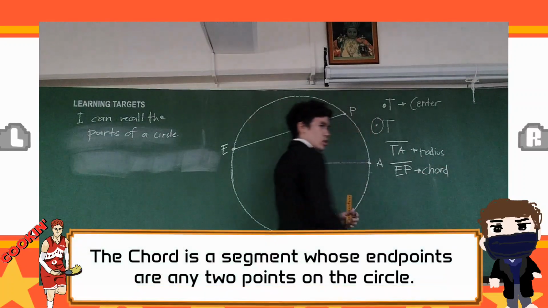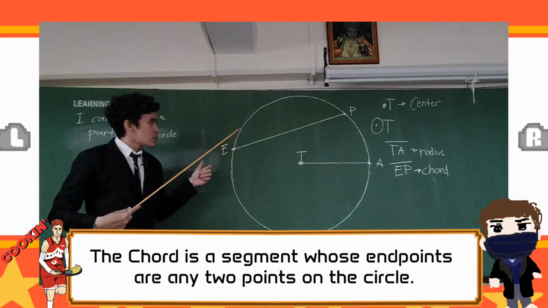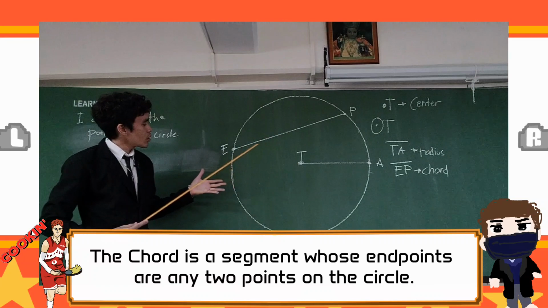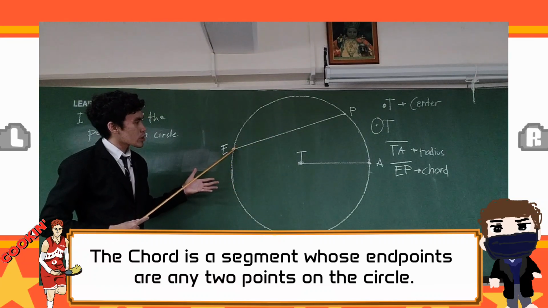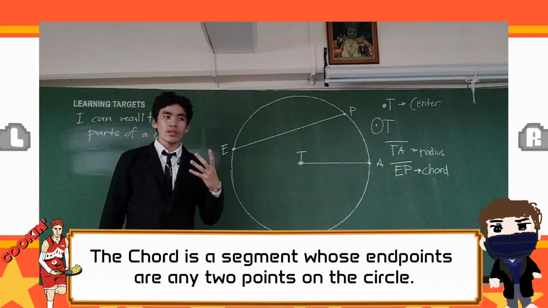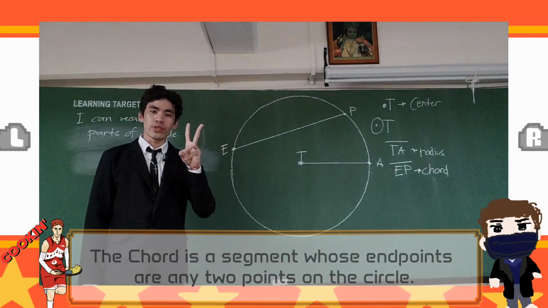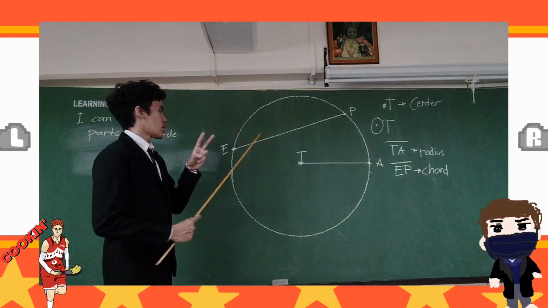So if you're wondering what a chord is, basically, looking at the image itself, we have a segment because there's an ending, and the endpoints being a point on the circle. So basically, a chord is made of a segment whose endpoints are 2 points that can be found on the circle.